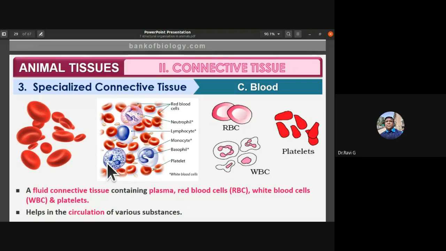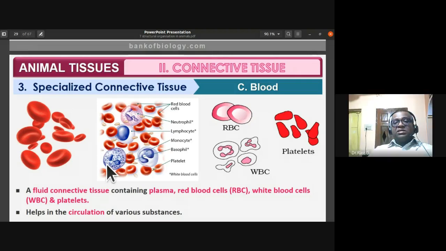Apart from that, blood also removes excretory materials in the form of urea, which is carried in the blood and taken to the kidney, where urea is removed. So blood purification takes place at two levels. Purification at the heart level involves removal of carbon dioxide. Purification at the kidney level involves removal of nitrogenous waste.